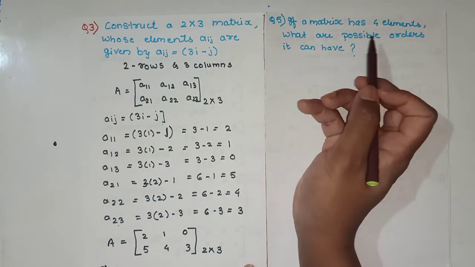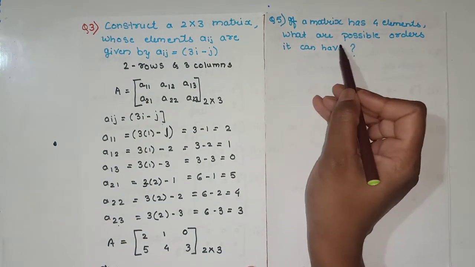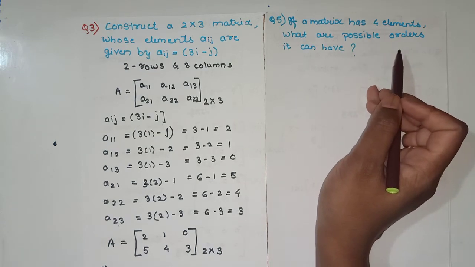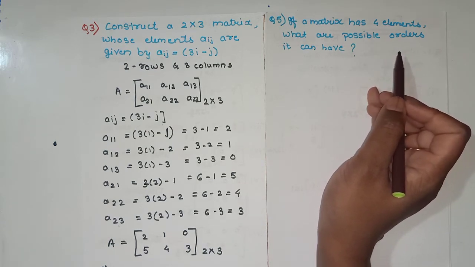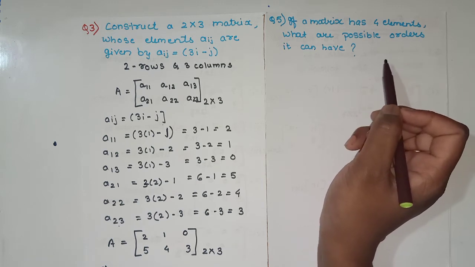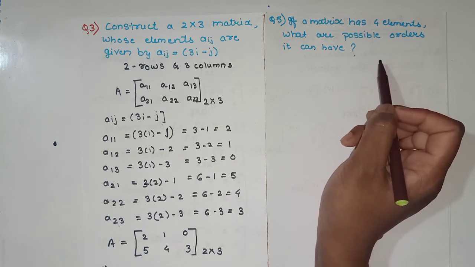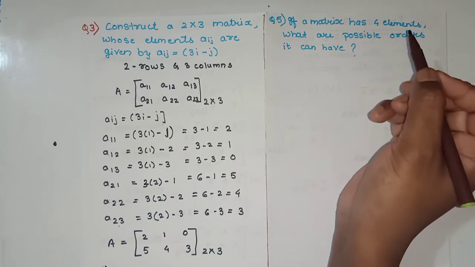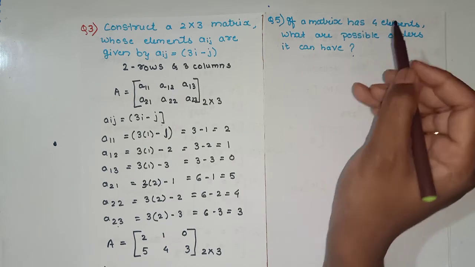If a matrix has 4 elements, what are the possible orders it can have? You have to write down the possible orders. So the matrix has 4 elements.